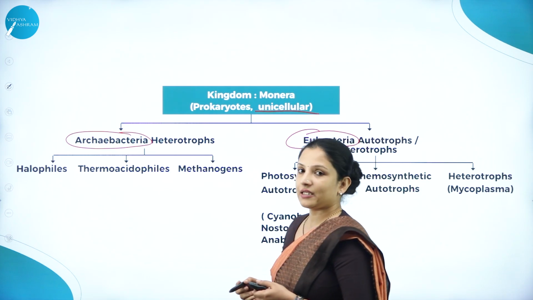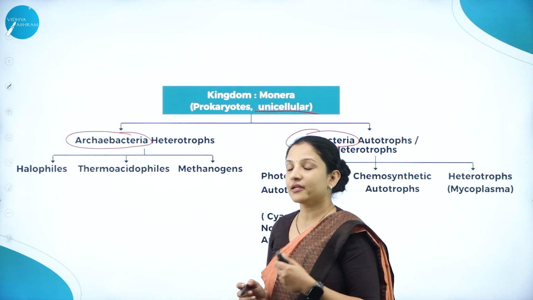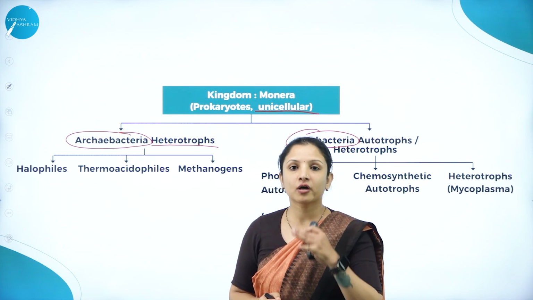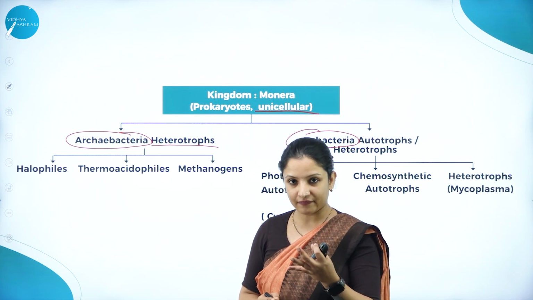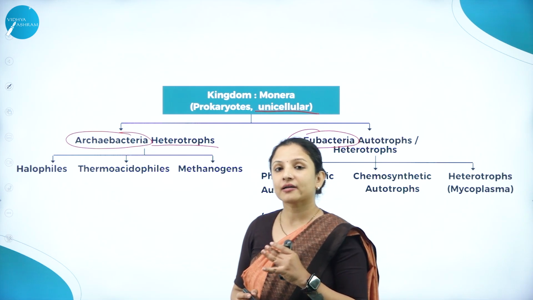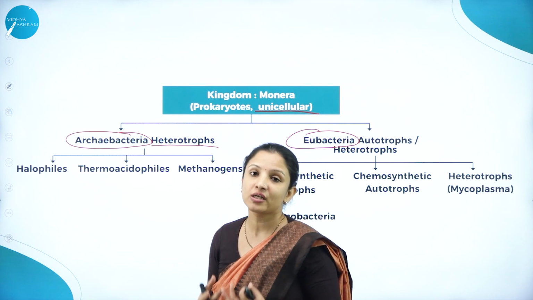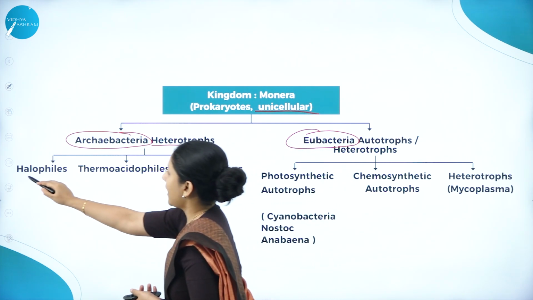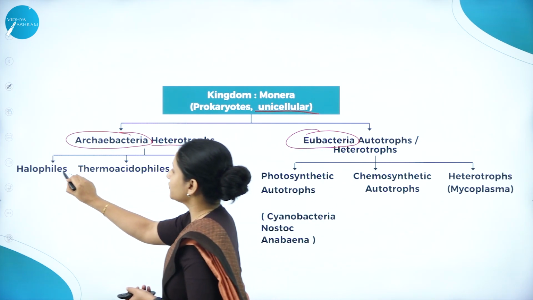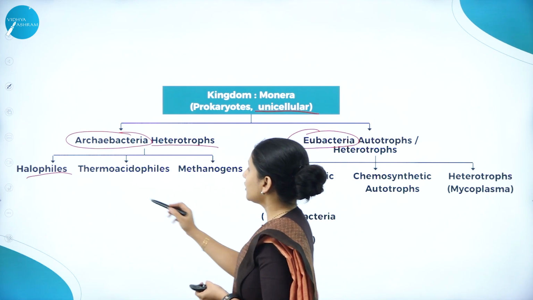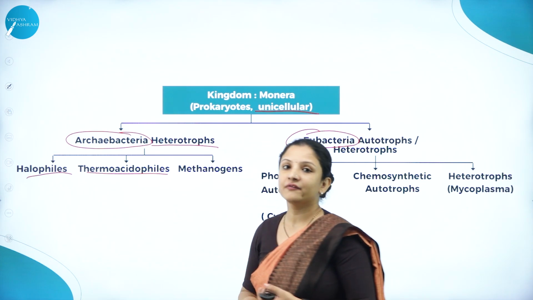All the organisms under Archaebacteria are heterotrophs, meaning they depend on other organisms for their survival. These Archaebacteria are the organisms which live in extreme conditions, such as halophiles, those which live in high salt conditions. Thermoacidophiles are those which live in hot springs.